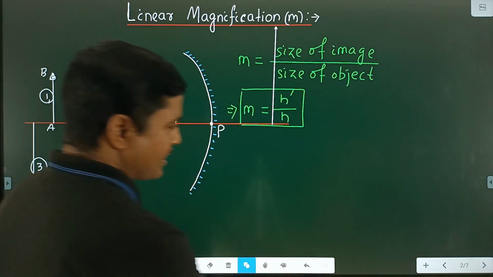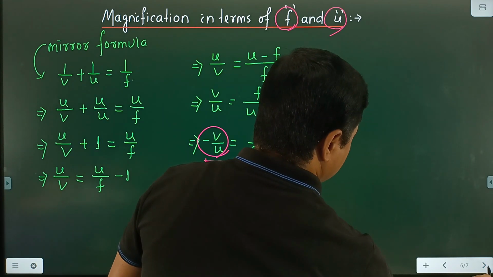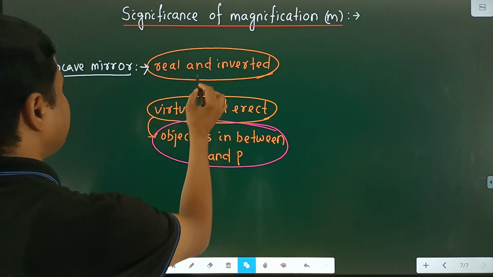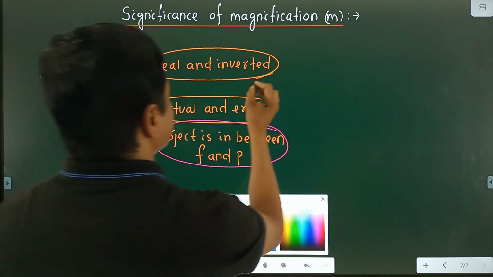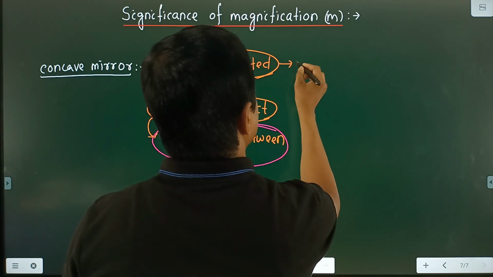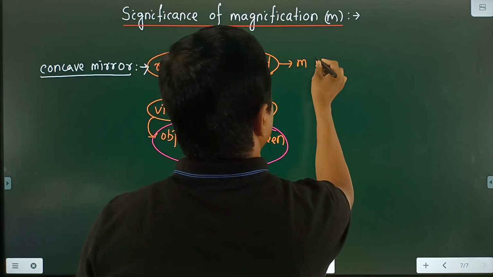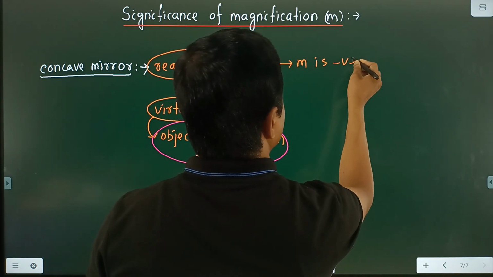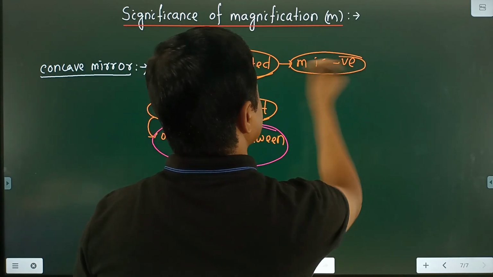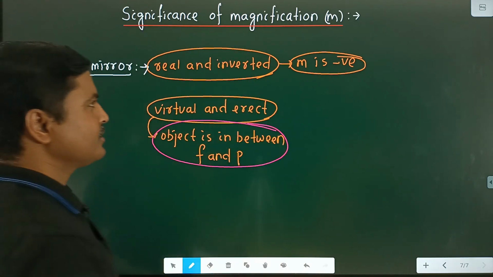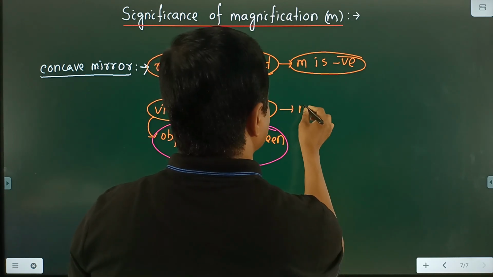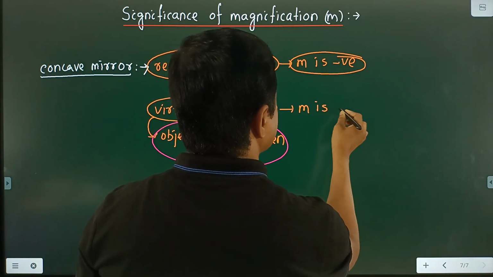So finally we write, if nature of the image is real and inverted, then magnification m is negative. Clear? Similarly, if nature of the image is virtual and erect, then magnification m is positive.